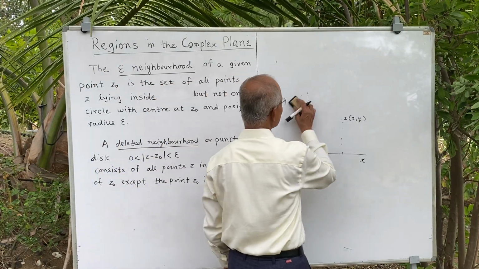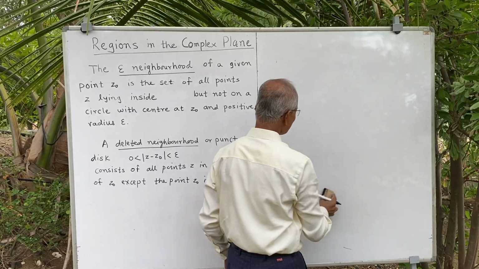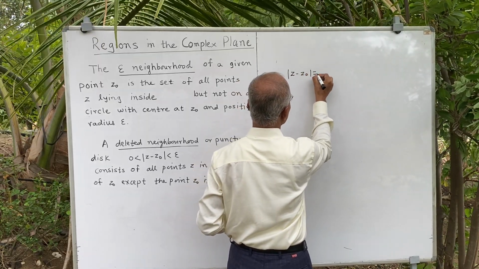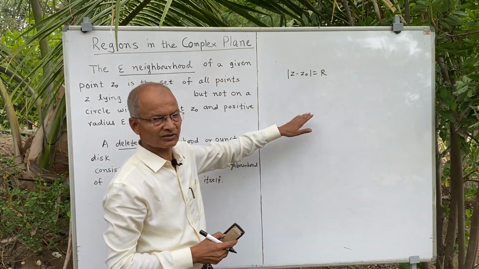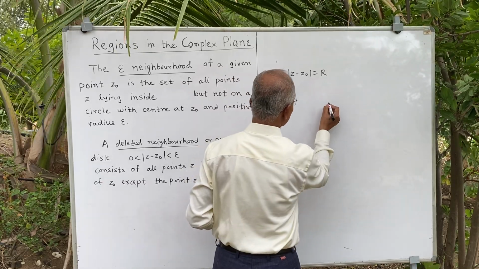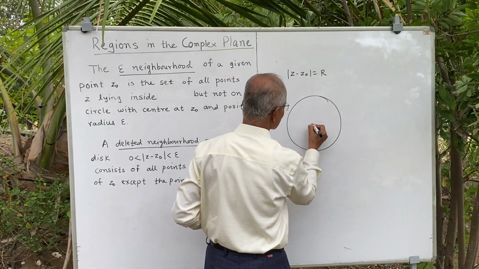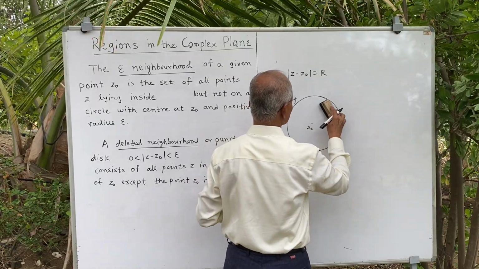Earlier we have seen that the equation mod z minus z naught is equal to r represents a circle with center at z naught and radius r. That means it is a circle whose center is z naught and radius is r.